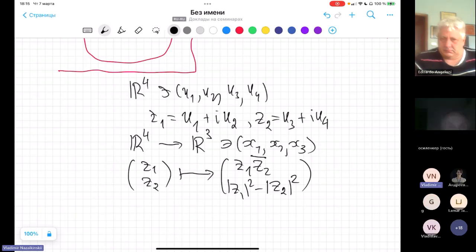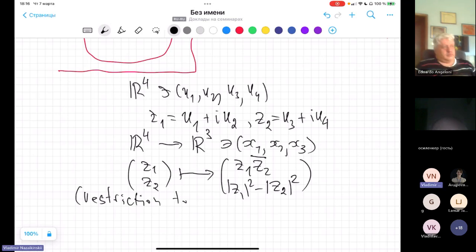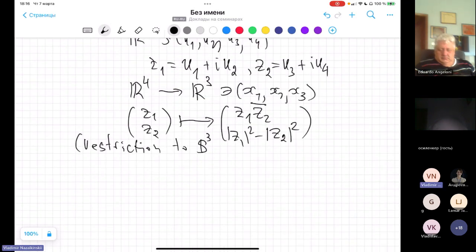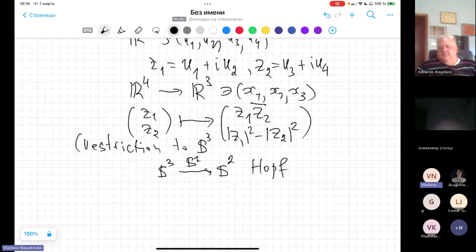I note in passing that if we restrict this mapping to the sphere S3, then we obtain a mapping of S3 to S2 with fiber S1, which is none other than the well-known Hopf bundle.